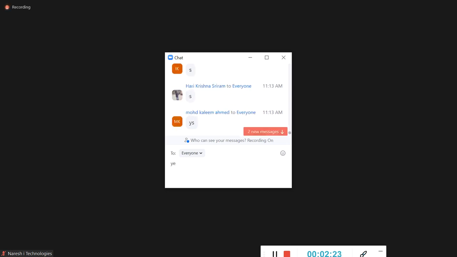What is the device name of the root volume? /dev/SDA1. Very good. So the root volume should always be mounted as /dev/SDA1 only. Okay.